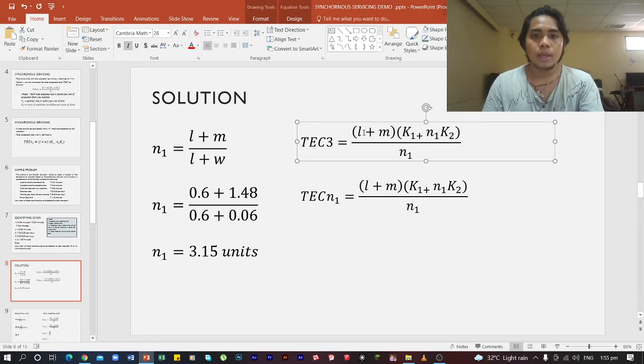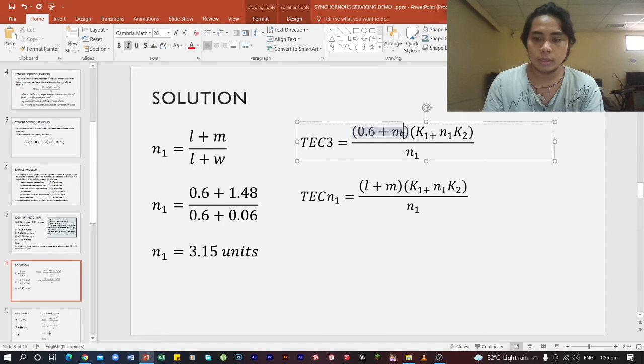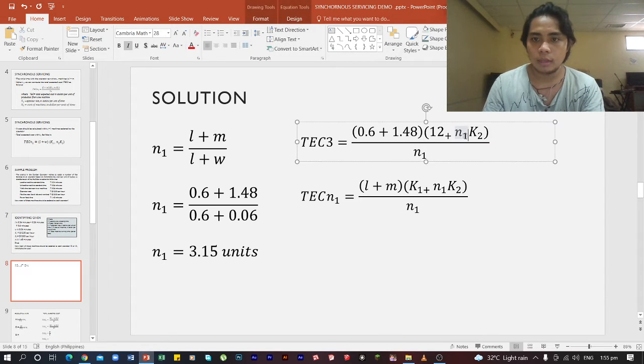So L equals 0.6, where M is 1.48. Our K sub 1 is 12, am I right? Okay, 12, and N sub 1 is 3.